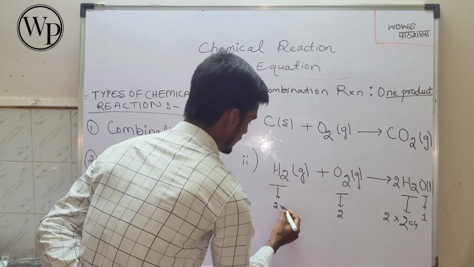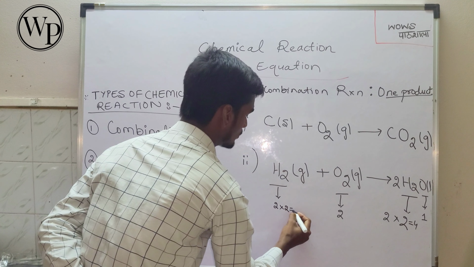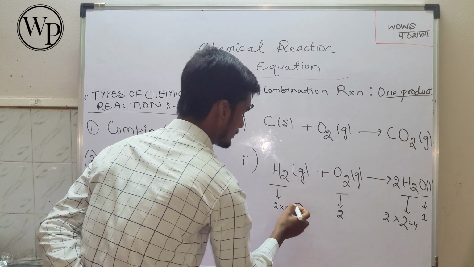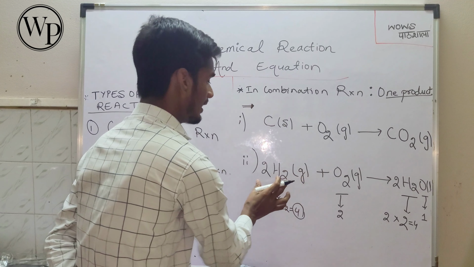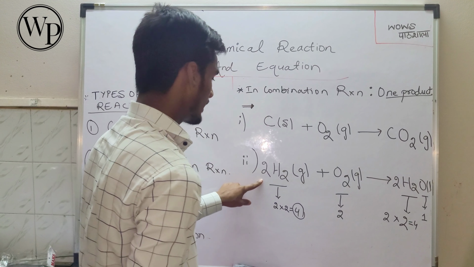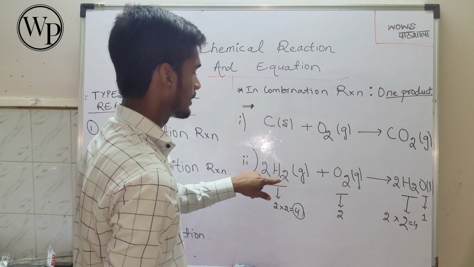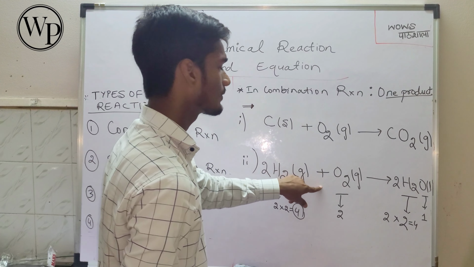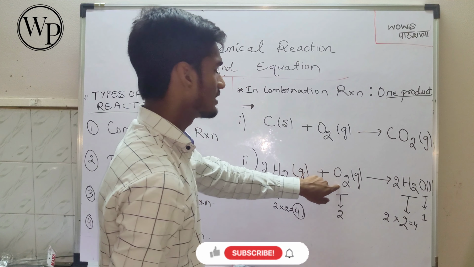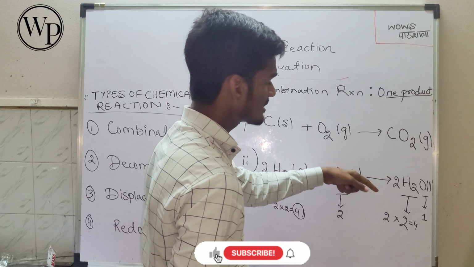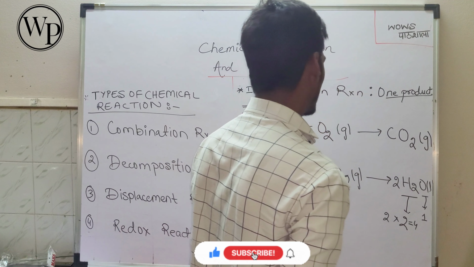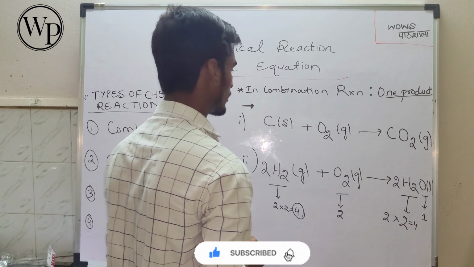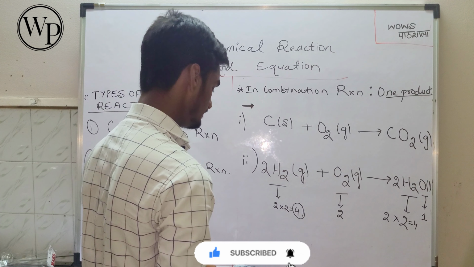So in the reactant we also multiply hydrogen by 2, making 4. Now it is a balanced reaction. Two molecules of hydrogen in gaseous form react with one molecule of oxygen in gaseous form and are converted into two molecules of water in liquid form. This is an example of a combination reaction. Thank you so much.